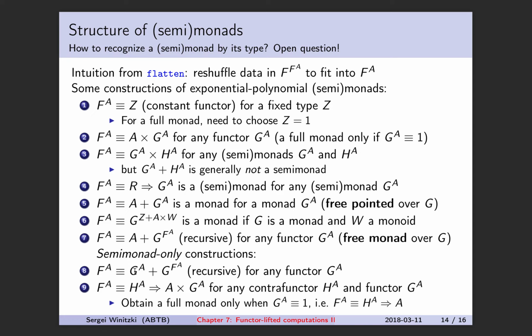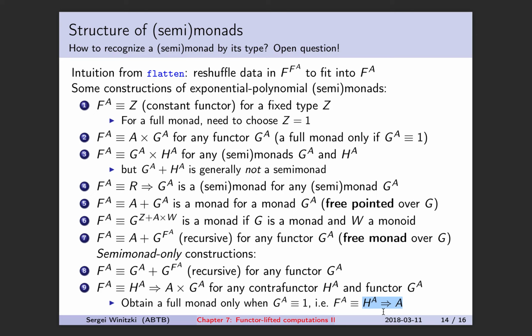Haven't seen them in the literature much, or at all. I don't know if they have names, but so this construction is unfortunately only a semi-monad. It's a tree with G-shaped leaves and G-shaped branches. And this construction is interesting because it gives you a monad out of an arbitrary contrafunctor.